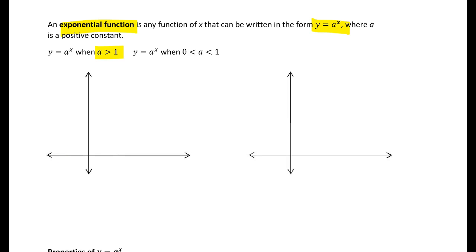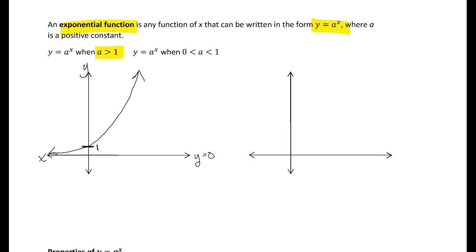Oops. Let me switch back. And the key thing is that y equals 0 is your asymptote, and that your invariant point is 1, your y-intercept.